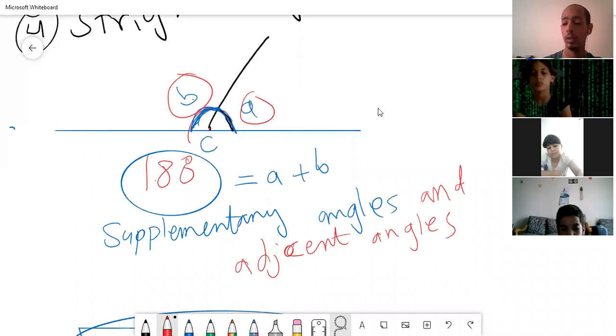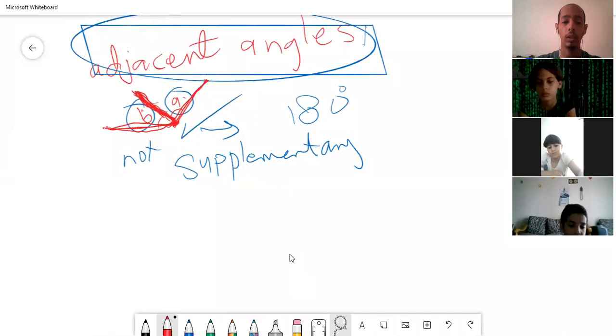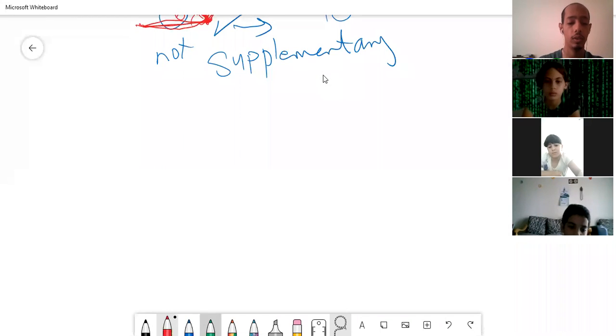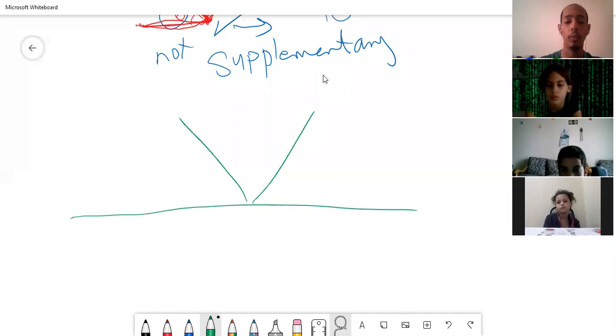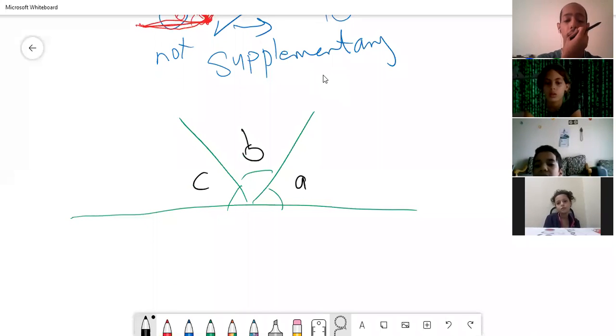I'll give you another example and I want you to answer this. This is a straight line and we have three angles, 1, 2, 3, now A, B, C. What are the supplementary angles here?